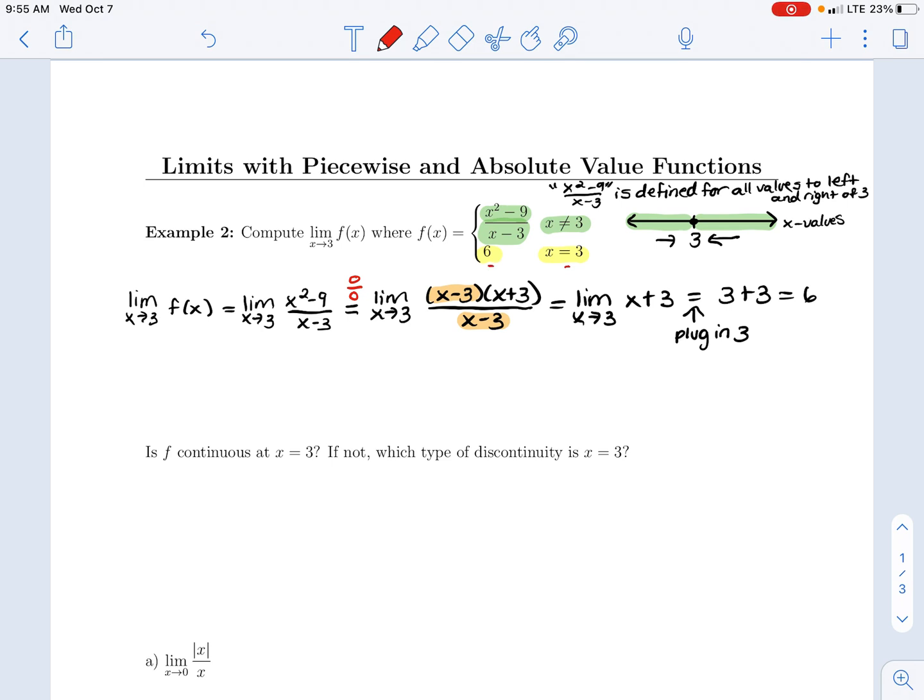So note, f of 3 is equal to 6. We check the first condition: my function is defined at x equals 3. And I know that the limit as x approaches 3 exists and is equal to 6.